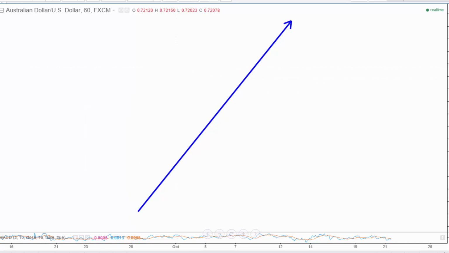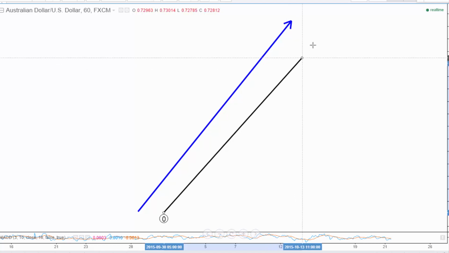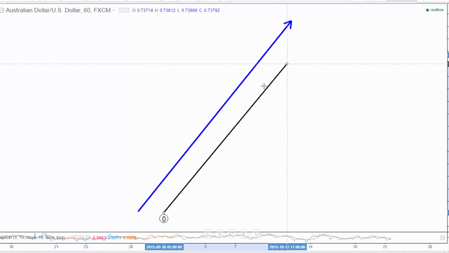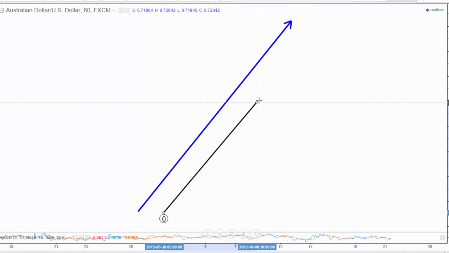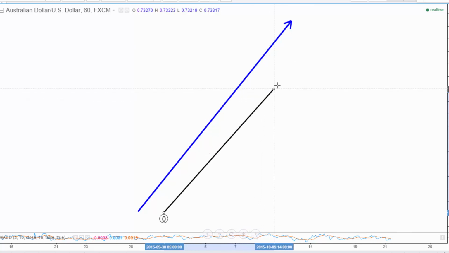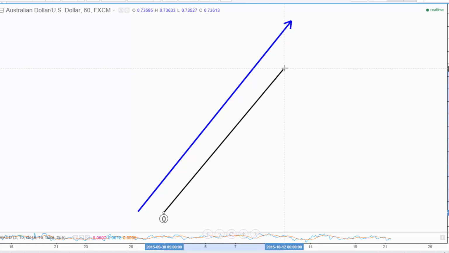So if we look at the primary trend being up, what we're going to do is take this swing right here.